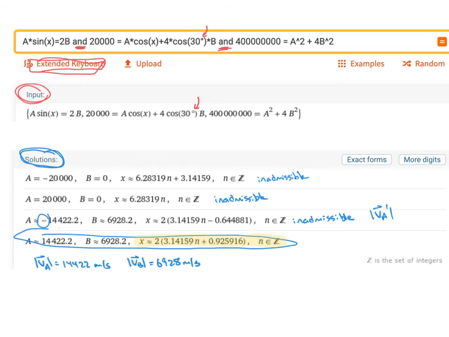It's saying that it's 2 times bracket pi, that 3.14159 figure, that's pi, n plus 0.925916. N is an integer. That whole expression is trying to communicate all possible angles it could be.